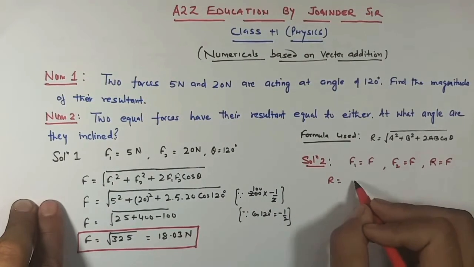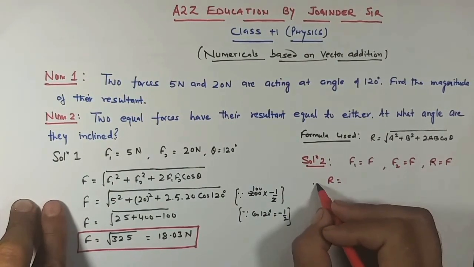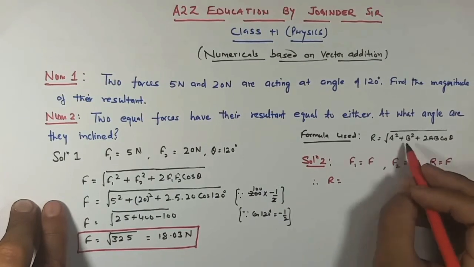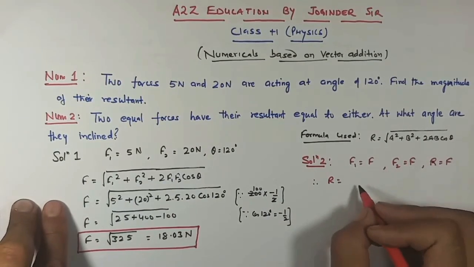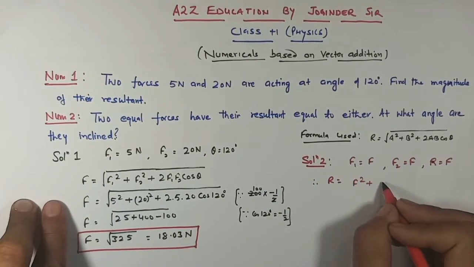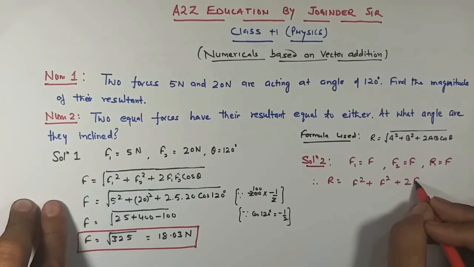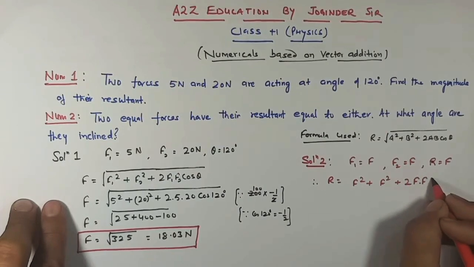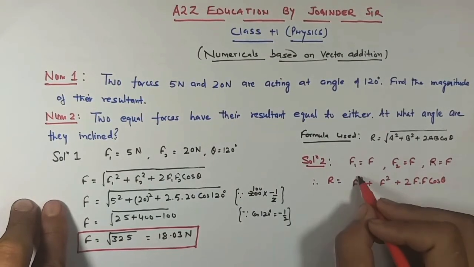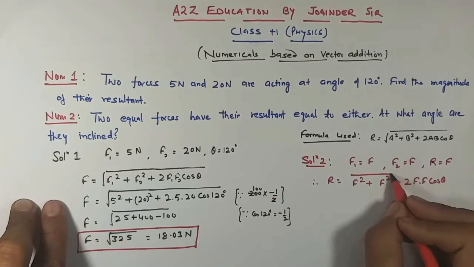R is equal to the square root of A square plus B square plus 2AB cos theta. A is F, so F square, B is F again, so F square, plus 2AB, that is F into F, cos of angle theta, and its root.